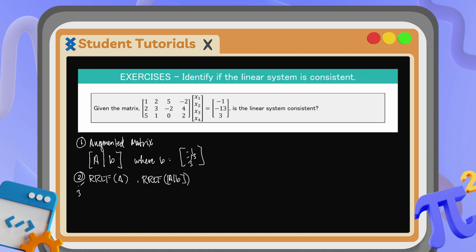And then from there, if they are equal, that means there is a solution, or it is consistent. But if it's not equal, then there is no solution, or it's inconsistent.